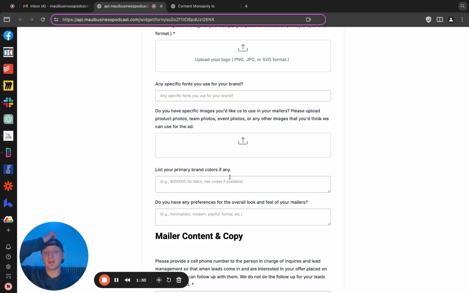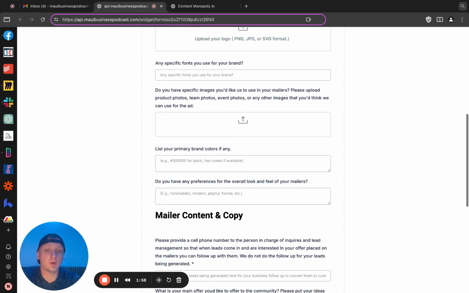List of your primary brand colors. This is probably the most important one for us, because if you say black or red, for example, there are so many hues and colors of red. So if there's a very specific color that you want to use, I really highly suggest that you put the color code here for us, because it's going to be very challenging to read your mind in terms of what color you have in mind for your brand, right?